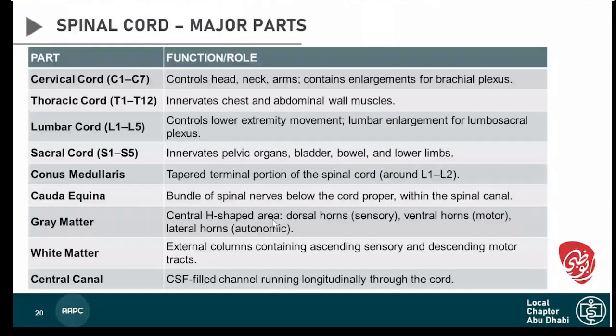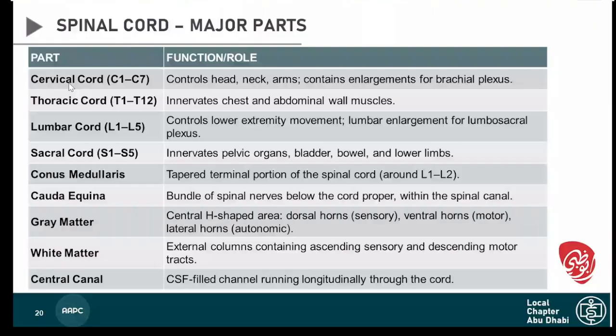Next comes what we have already discussed. What are the major parts of the spinal cord? Cervical cord, thoracic cord, lumbar cord, sacral cord, conus medullaris, cauda equina, gray matter, white matter, and central canal. We have already discussed the function. The cervical cord controls the head. It is in the neck, no?